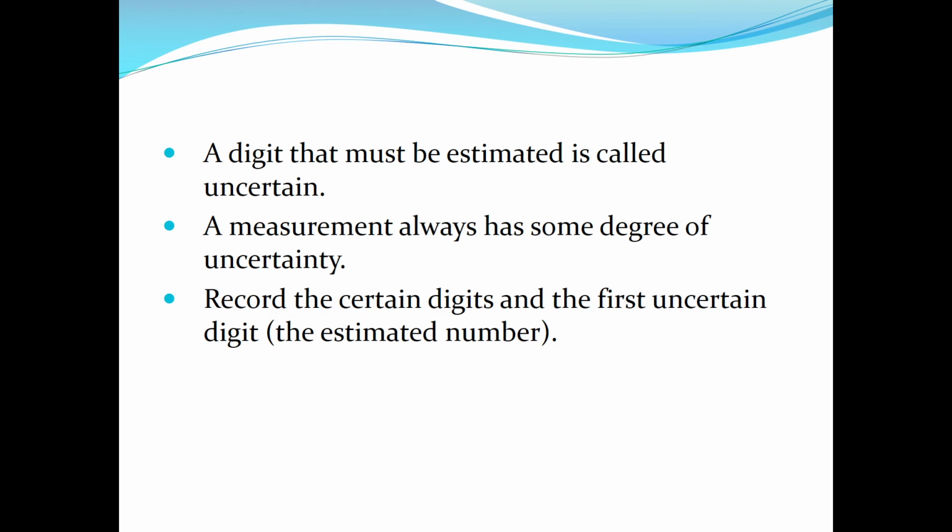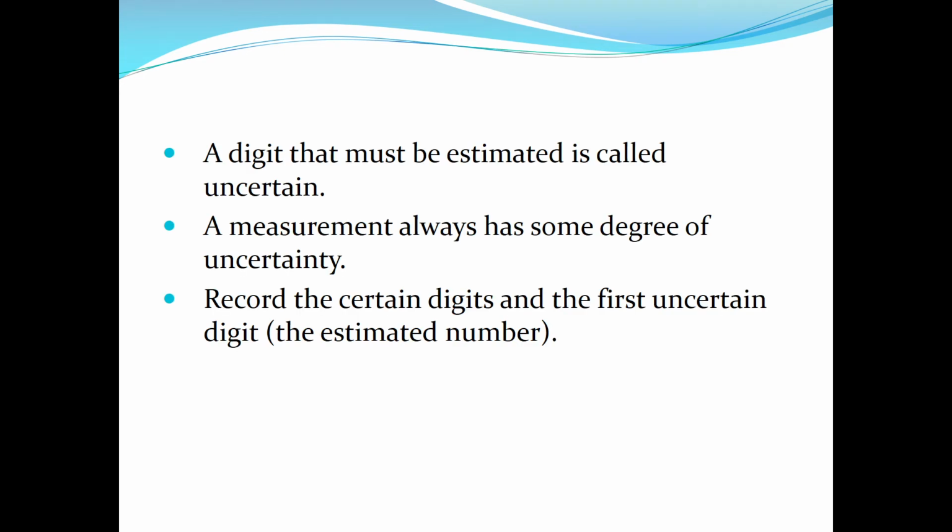I'm uncertain about this. So you write your 2 digits that you see, or are certain about, and you estimate 1 digit. That digit could be wrong, but it's going to be your uncertain amount. Every time you record something, you're going to make an estimate.